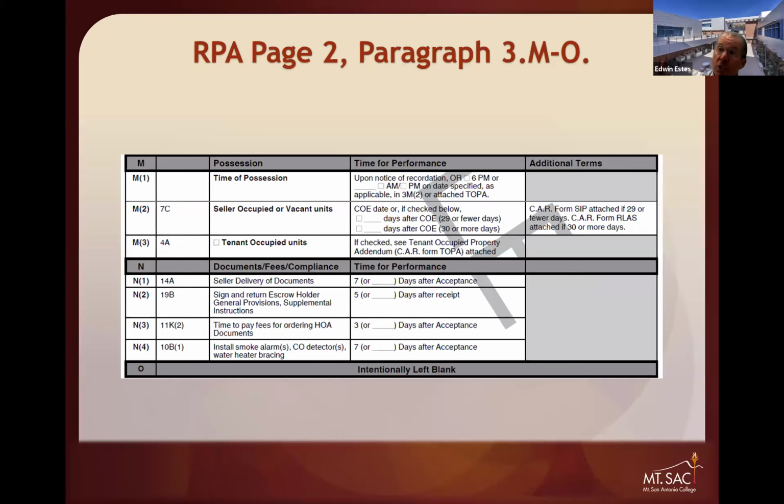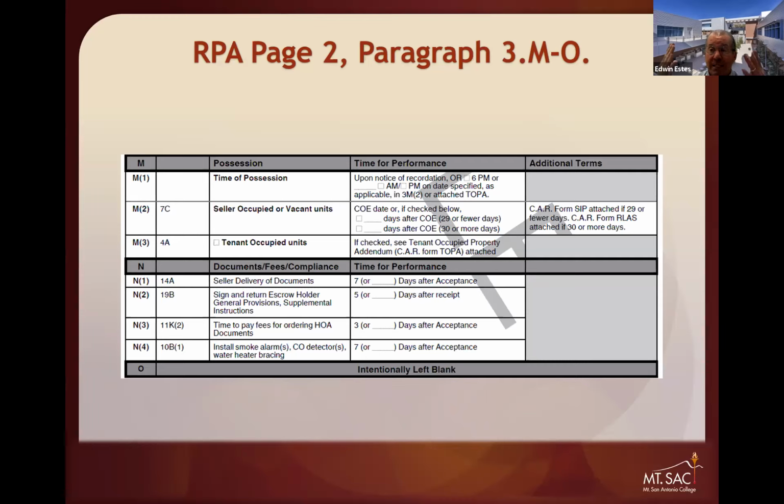No. And the TOPA goes on to say the buyer is waiving all other claims they may have against the seller. Now, some of you are saying, well, my buyer's not going to like that at all. Well, CAR made a judgment call here.